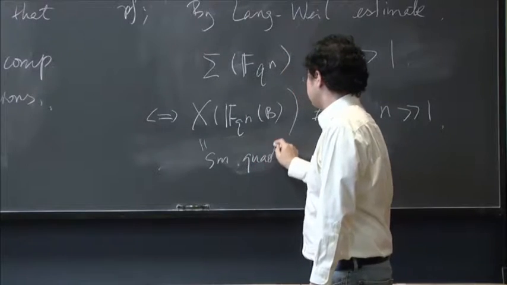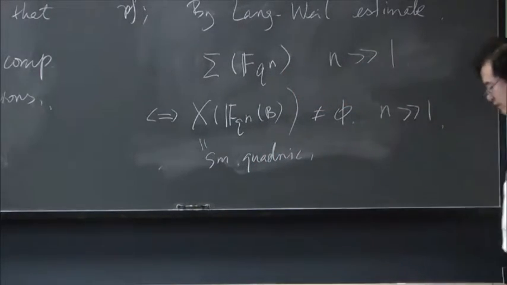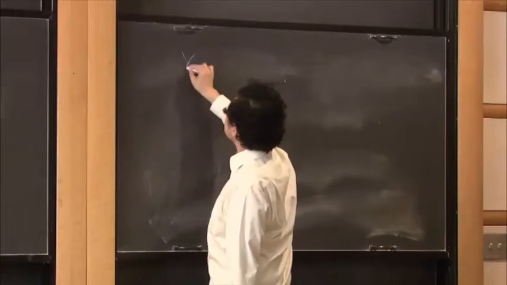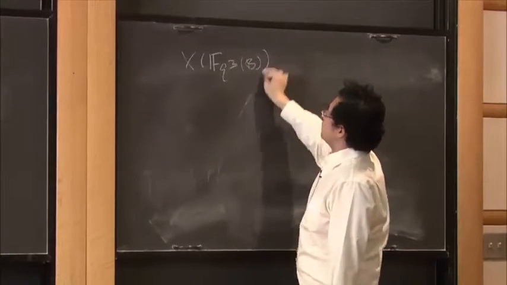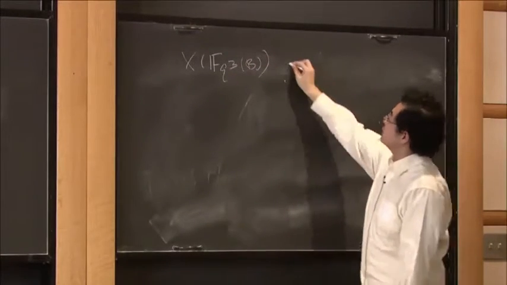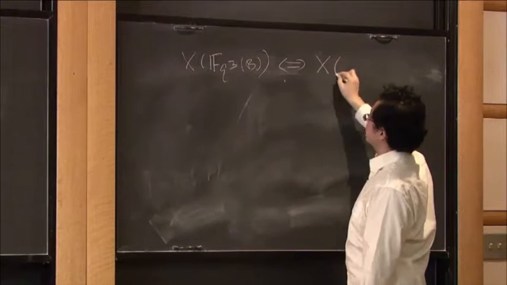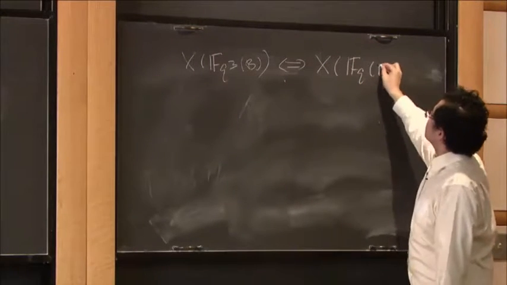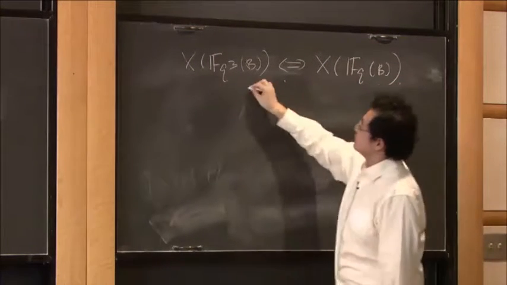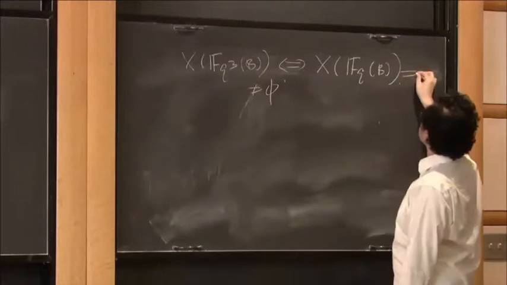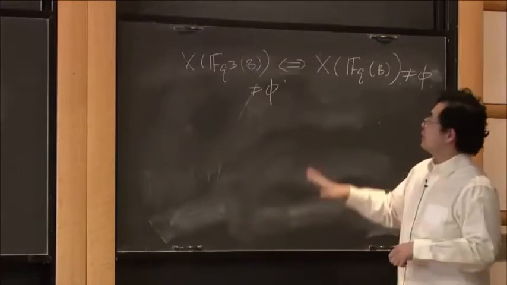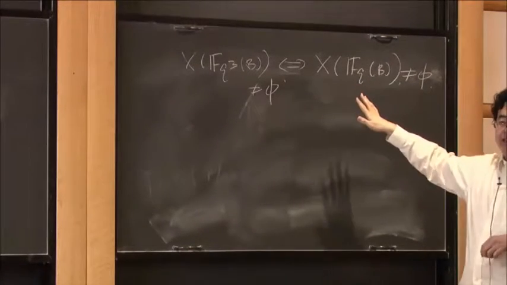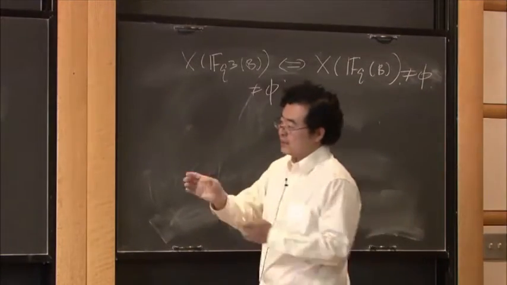This is a smooth quadric. So I'm going to show that X has a rational point over a degree 3 field extension if and only if it has a rational point over the original field. Okay, this is not empty.